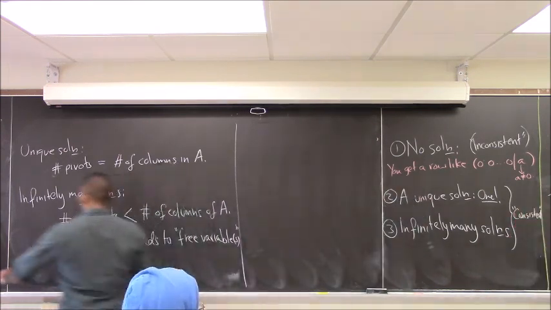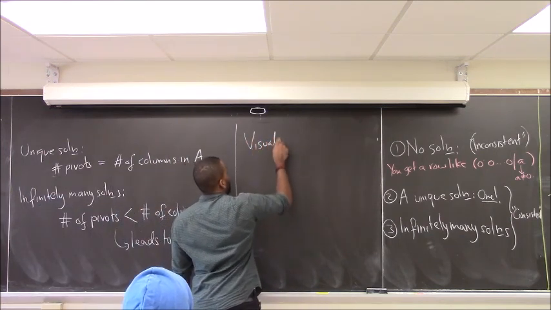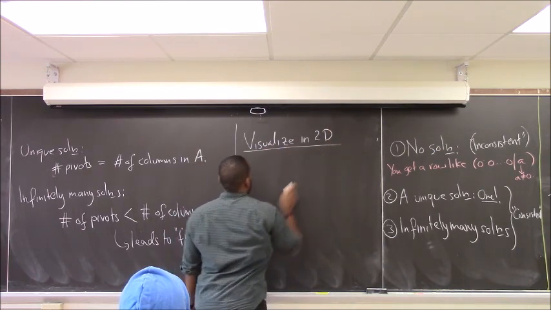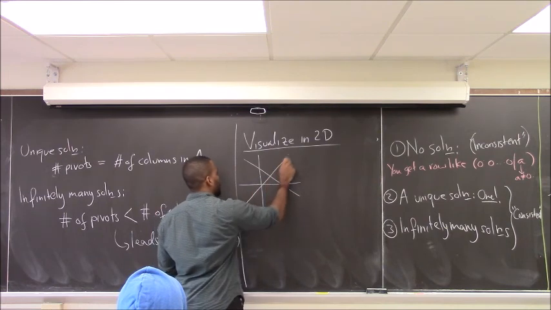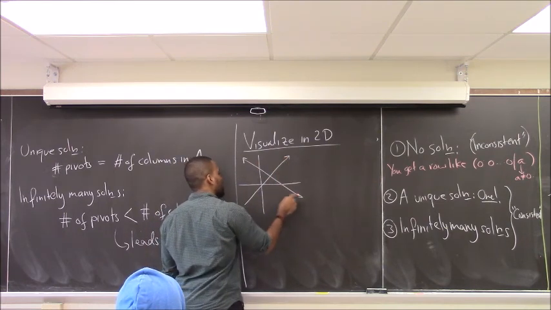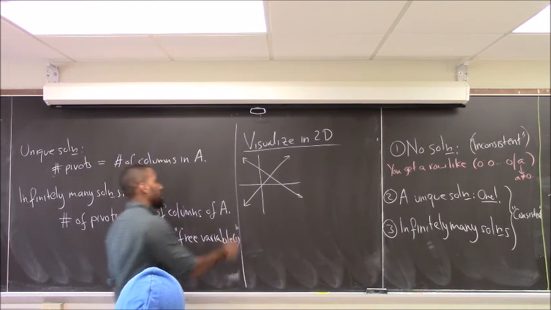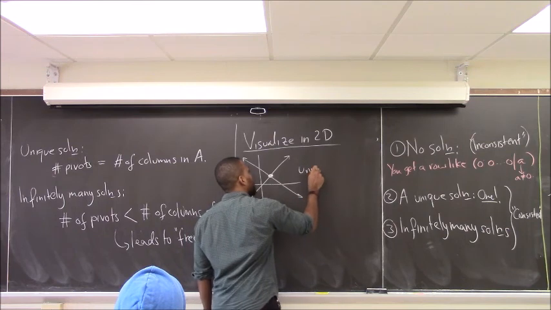You might have seen this before, but you can visualize it, say, in 2D. If you have two straight lines, their equations would look like the lines of the equations of a linear system, and they can cross and intersect at one point, and that's the unique solution case.